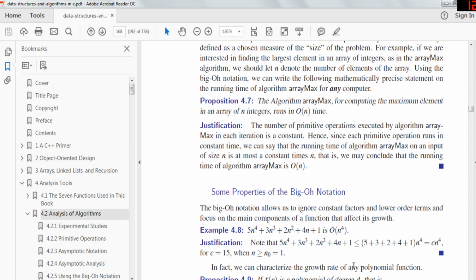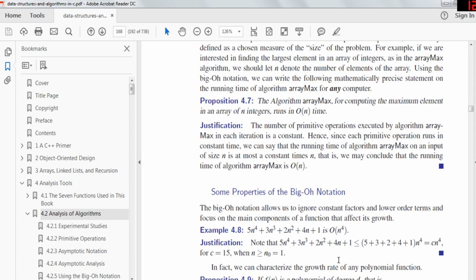Hence, since each primitive operation runs in constant time, we can say that the running time of algorithm array max on an input size n is at most a constant times n. That is, we can conclude that the running time of algorithm array max is O of n, because it's at most a constant times n. Okay, that's what they're saying. Array max is O of n because it runs in O of n time.